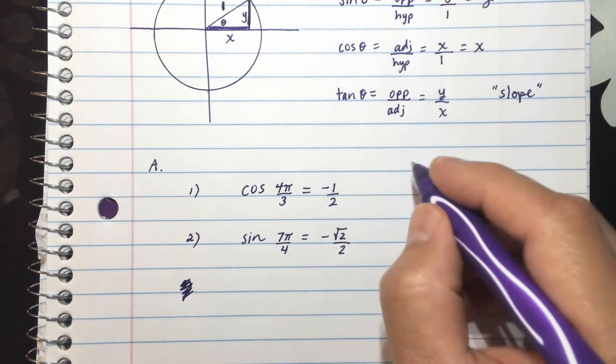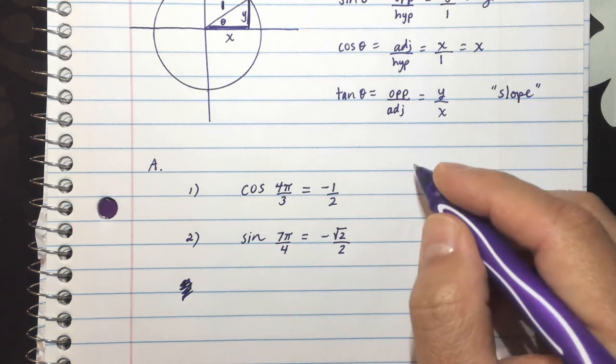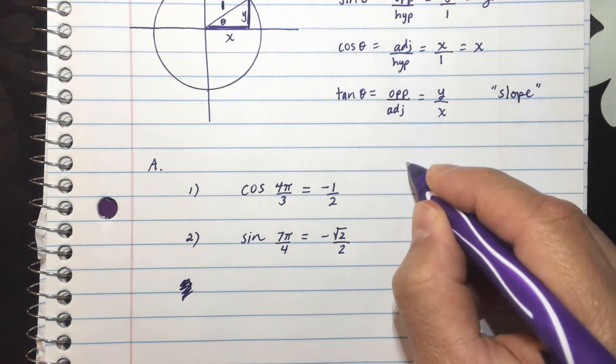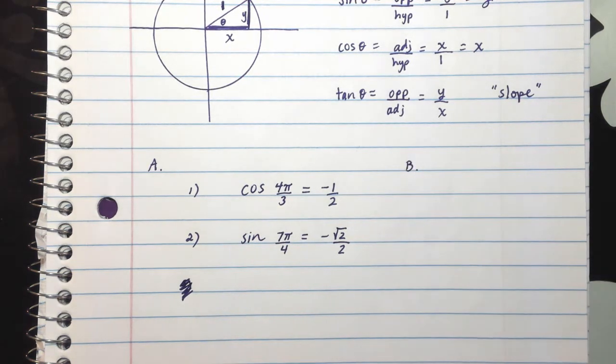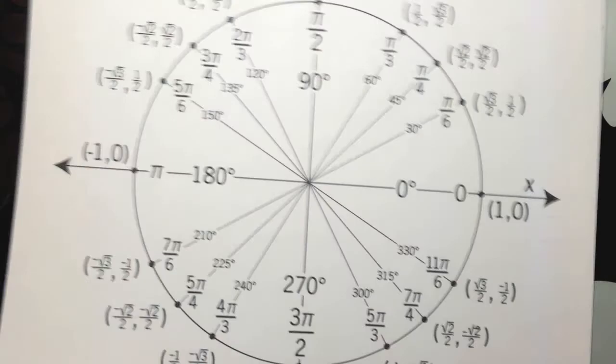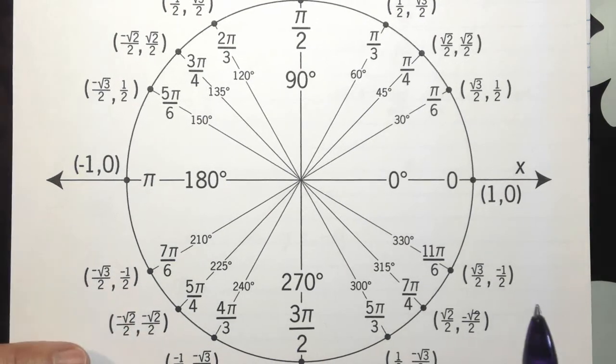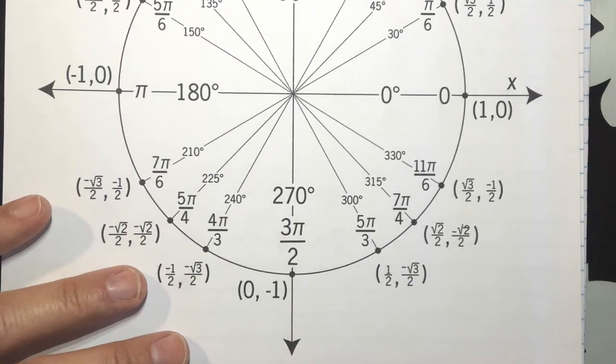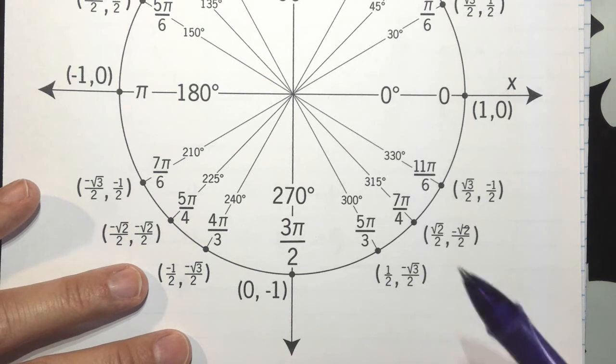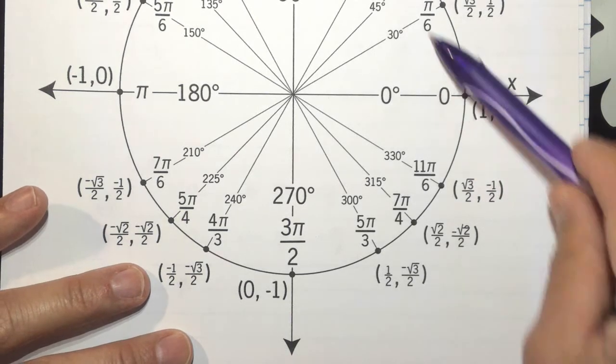Part B, a little bit harder. Here's why. We're still going to ask you sine and cosine questions, but we're going to ask you negative angles. So if I say negative pi thirds, here's positive pi thirds.